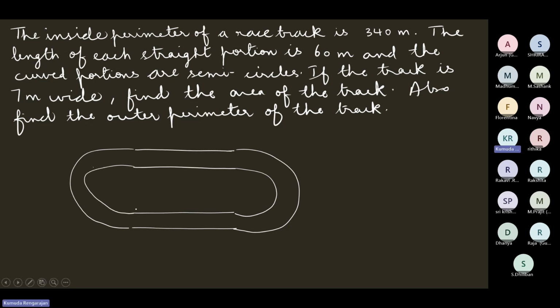Please excuse my diagram. So I showed you the 4 straight parallel edges of the racetrack.